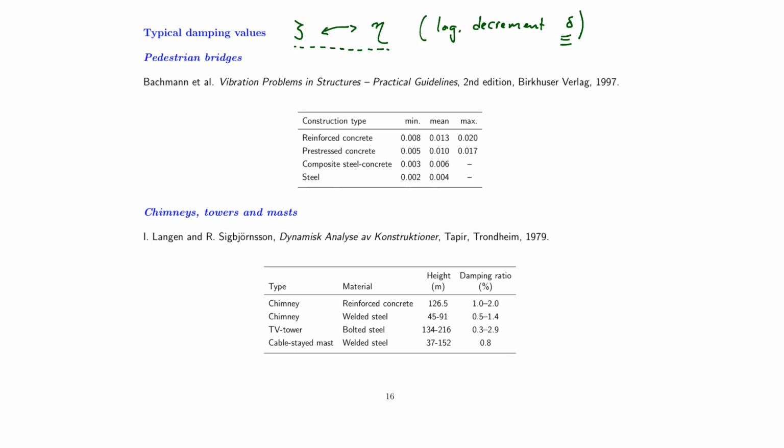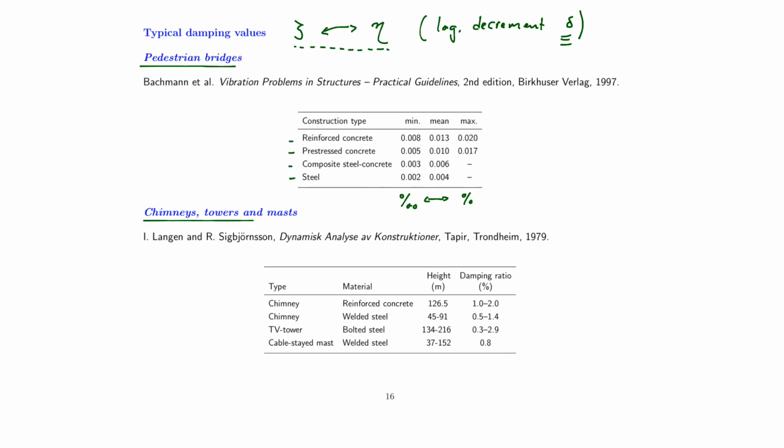So guidelines here will be in terms of the damping ratio. So for instance, for modern type structures, we could have steel, pre-stressed reinforced concrete, a combination. We are at a minimum where we are at a per mil, and a maximum where we are at a few percent. Somewhere in between there.